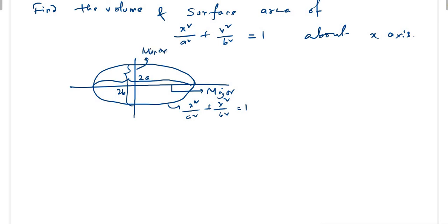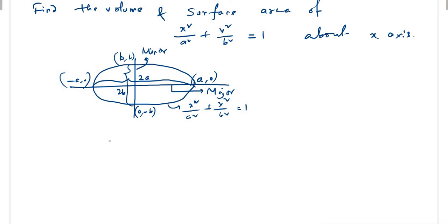These things you already know from higher secondary. So I will go directly. The coordinates are a comma 0, minus a comma 0, 0 comma b, 0 comma minus b. Okay, right.